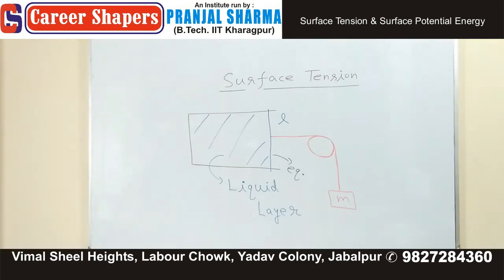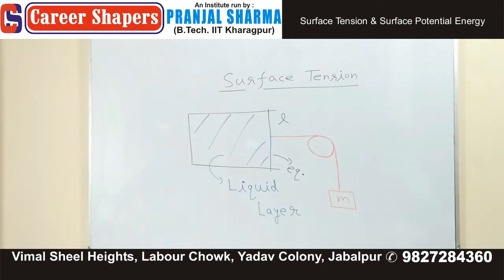I'll give you a hint because most of you are producing an answer which is close to the correct one. Now I'll ask you a simple thing. This soap layer, how many surfaces are present in a soap layer? Remember, the name of the article is surface tension.